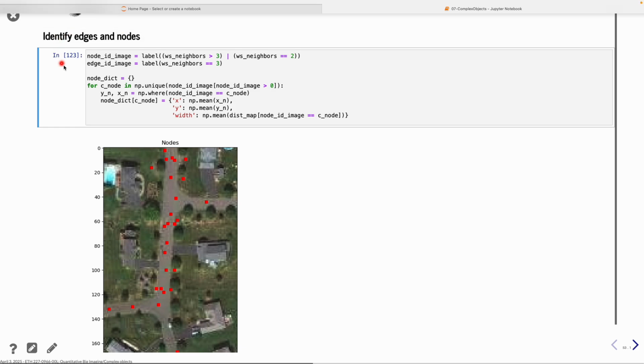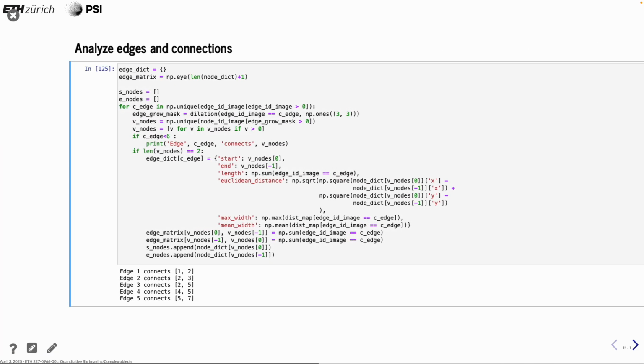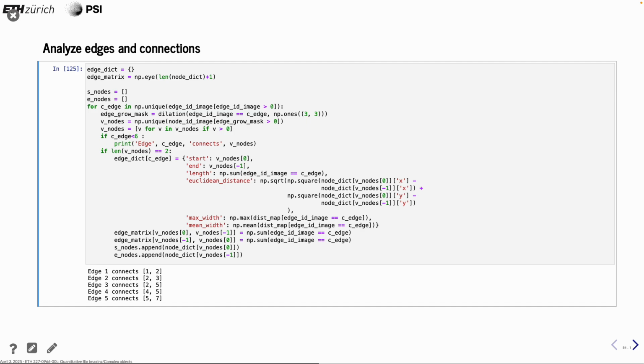And in this code, we create a little dictionary where we have the positions and the width of each node. And for this, we loop through the whole structure. So it's for all edges that we have. We do this growing and identifying each object as such.